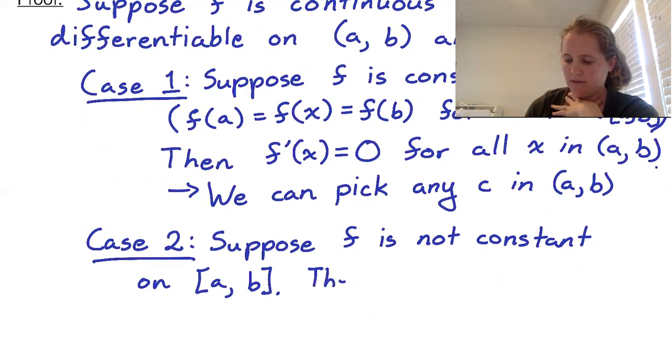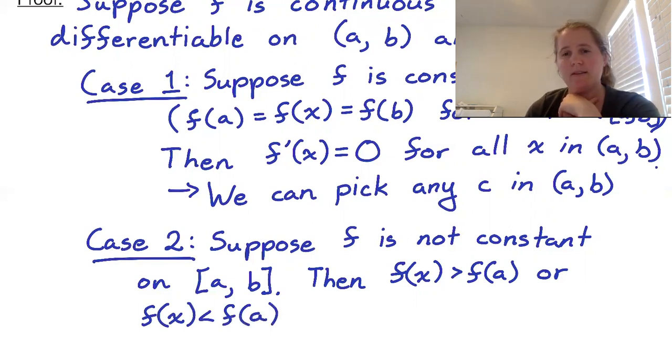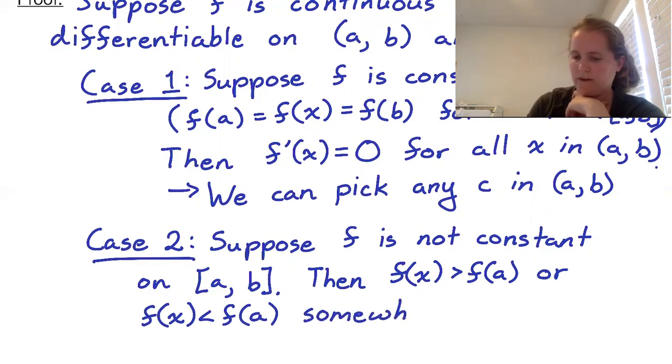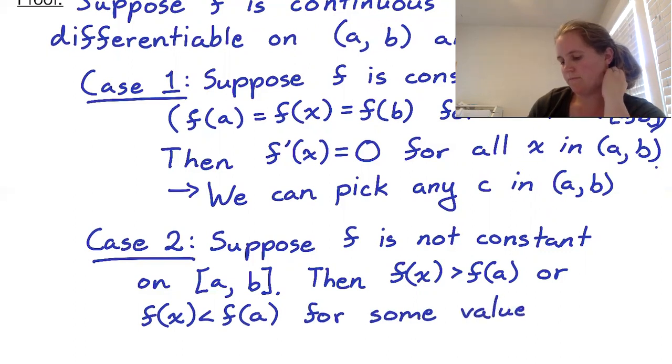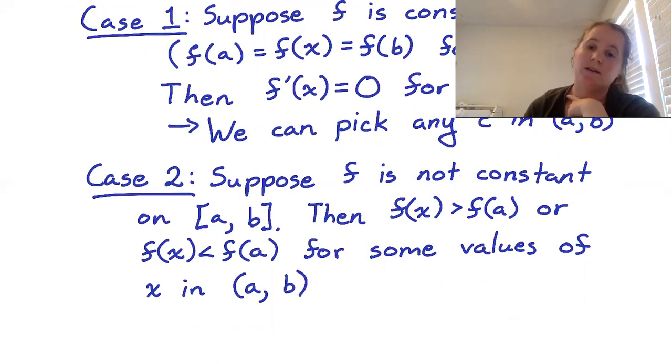Then what we have is that f of x is either greater than f of A or f of x is less than f of A somewhere in that interval. Right, so here's some values of x in the open interval AB. If that were not true, then it would be a constant function.